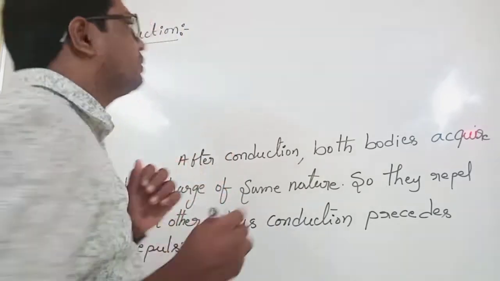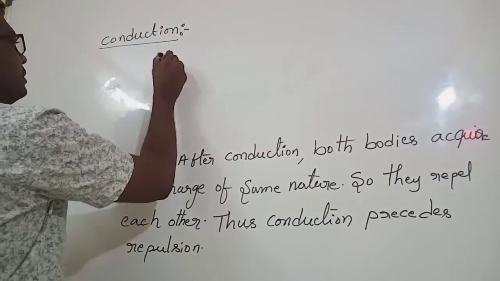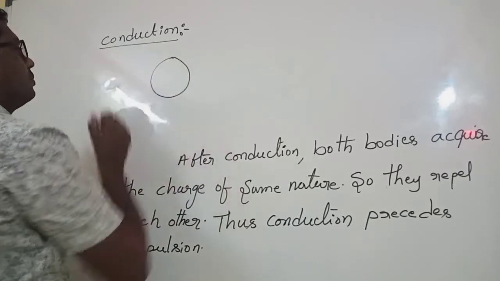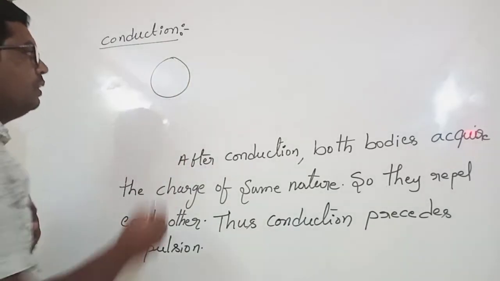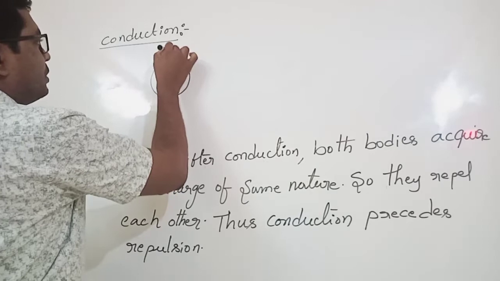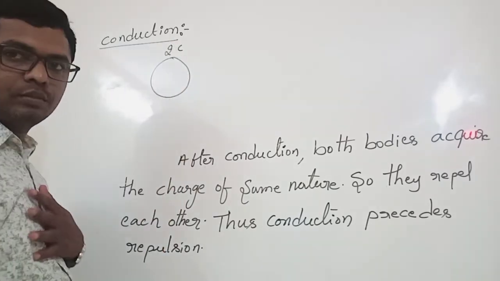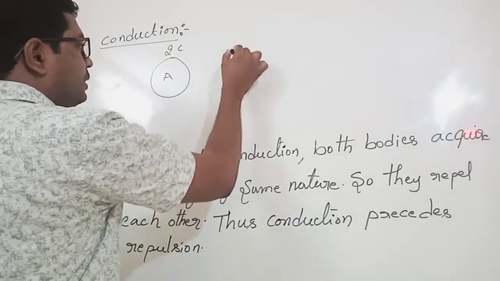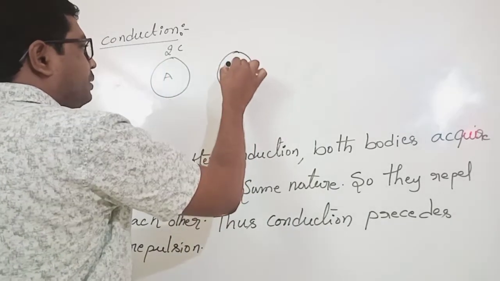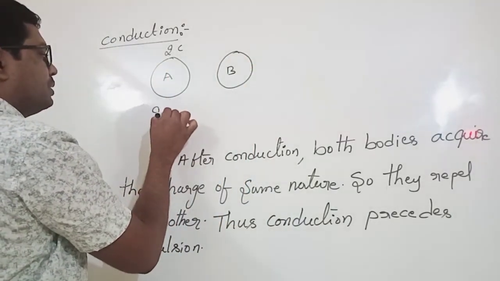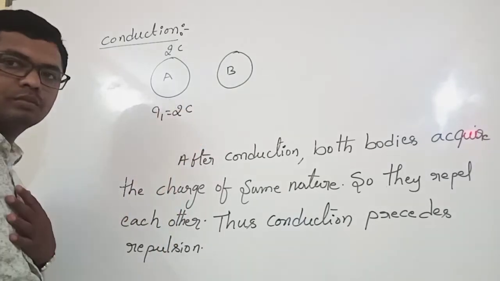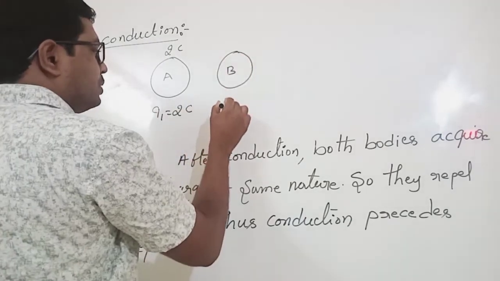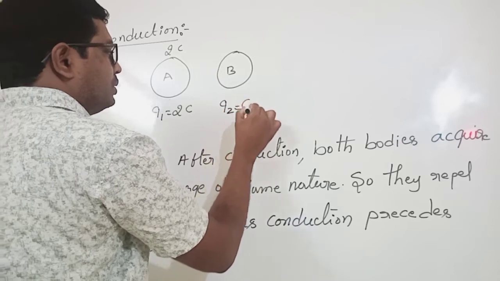Suppose this is one body, one sphere, which consists of 2 coulombs of charge. Let it be A. There is another body, B. Let Q1 be equal to 2 coulombs, and for the other body, Q2, the charge is equal to 0.